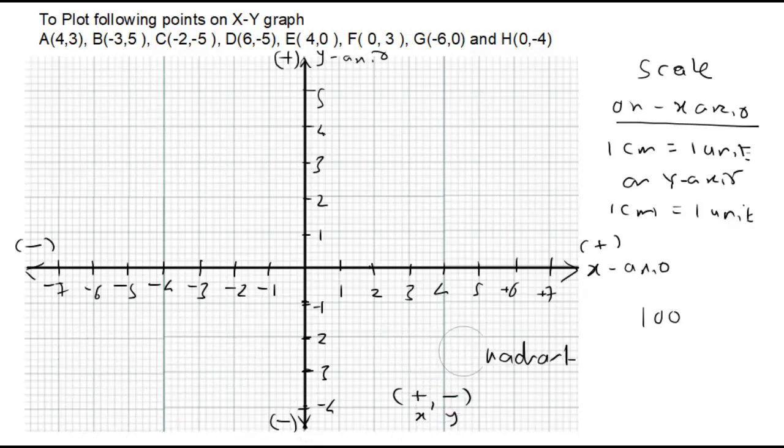Now let us start plotting the points. The first point that we have to plot is (4, 3). For (4, 3), the X coordinate is 4 and the Y coordinate is 3.